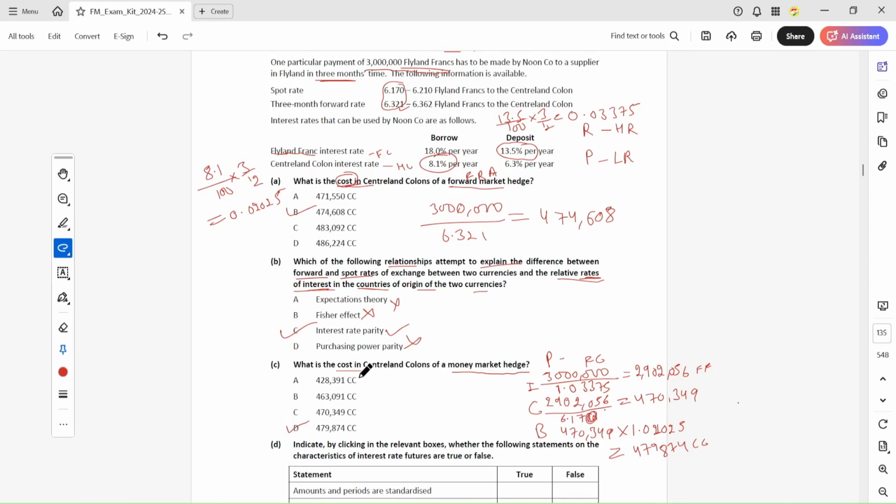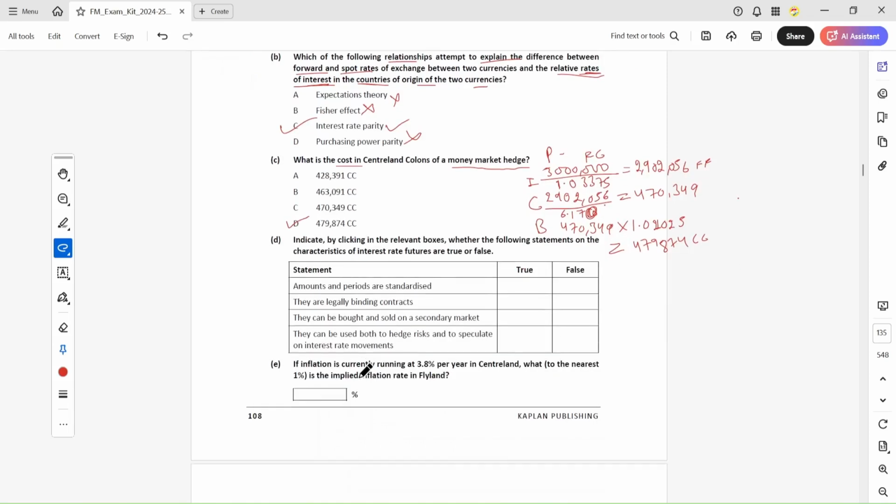Next, indicate whether the following statements on the characteristics of interest rate futures are true or false. Exchange traded instruments are standardized; amounts and periods are standardized.